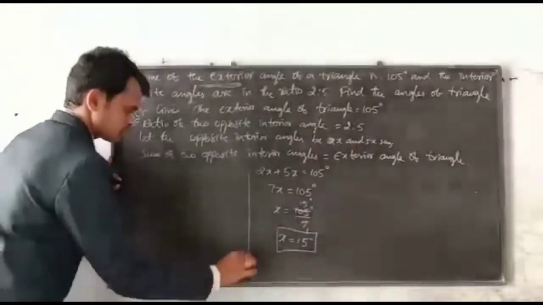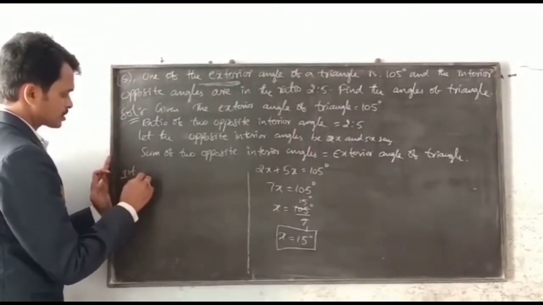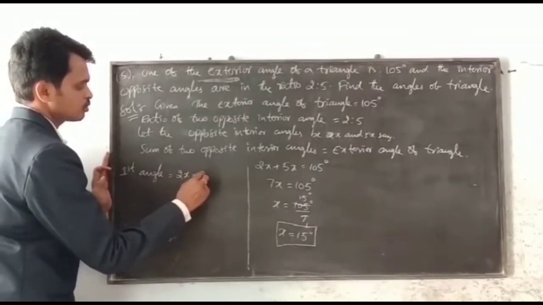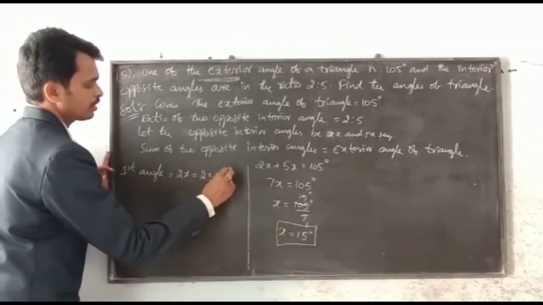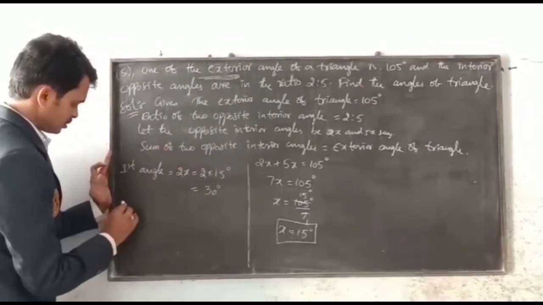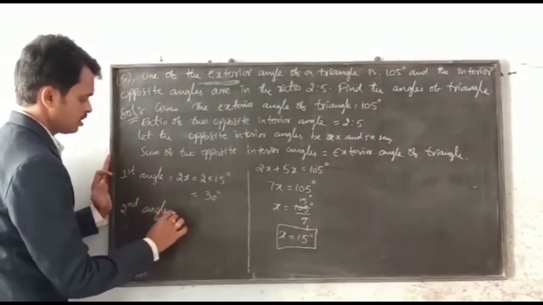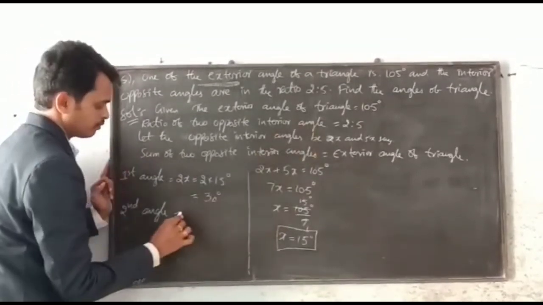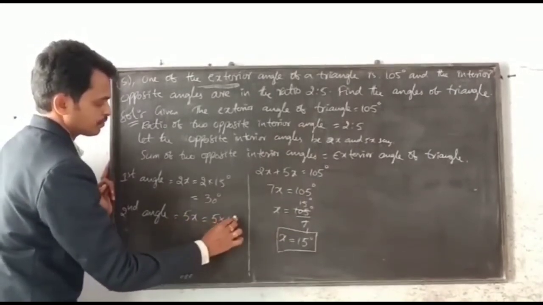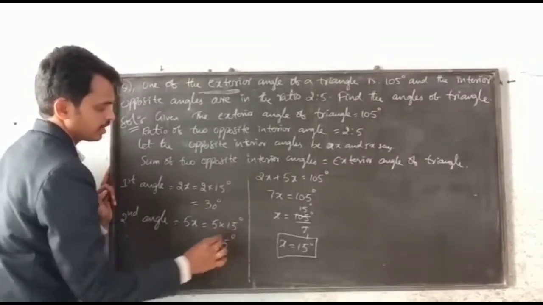The first angle is 2x, which is 2 into 15 degrees. So 15 twos are 30 degrees. Next, the second angle is 5x, which is 5 into 15 degrees. So 15 fives are 75 degrees.